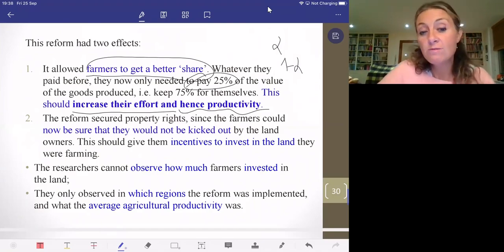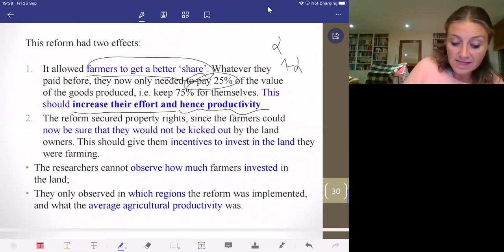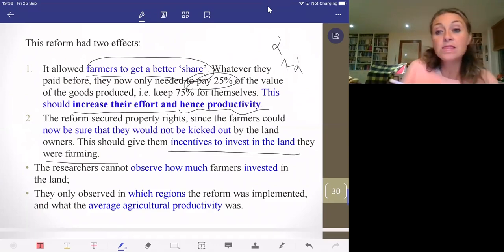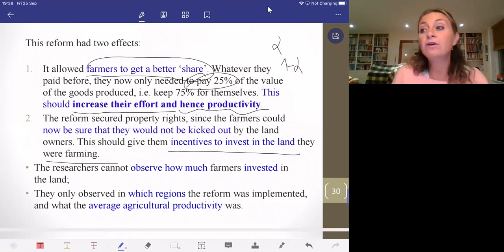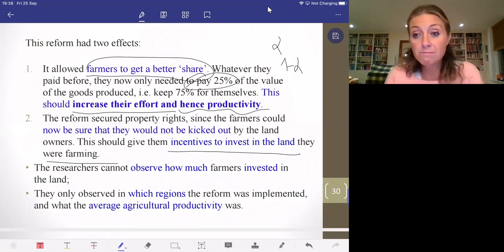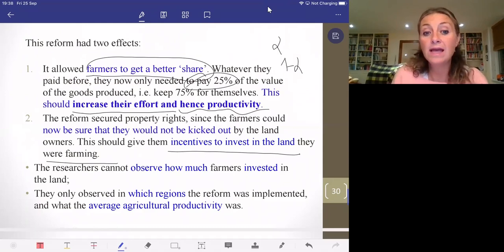And therefore, this should increase the incentive to invest in the land, because now they know that whatever investments they make are going to benefit the heirs. So whatever children they might have, in the long run, they're going to keep the land for whatever investment has been made before. So in this case, that will make it worth investing in the farm.